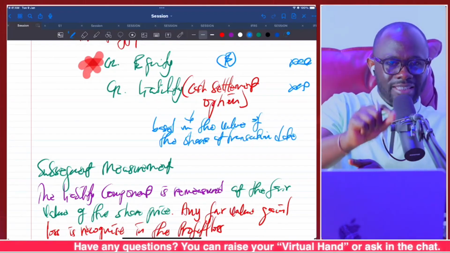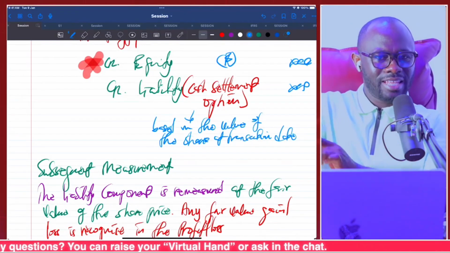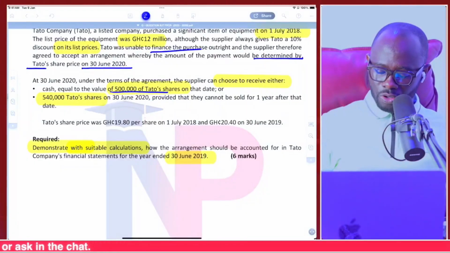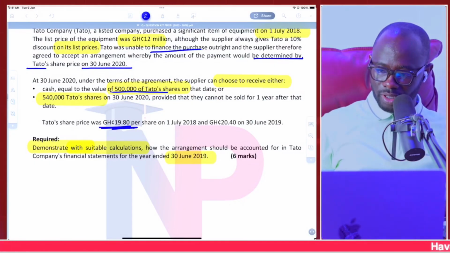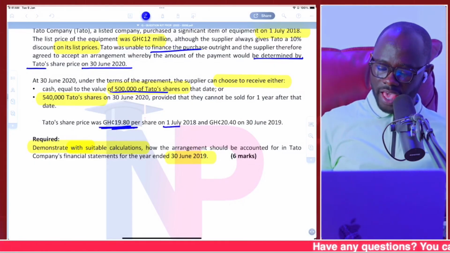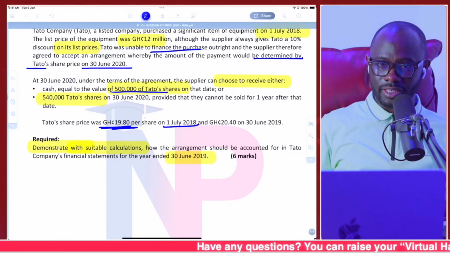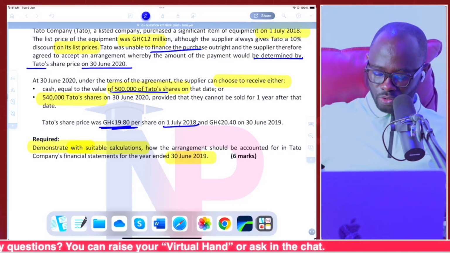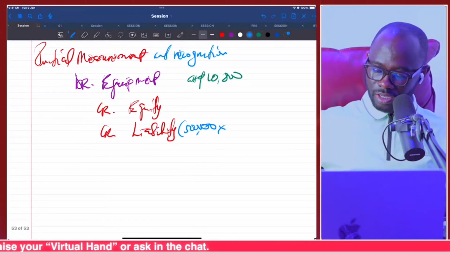The value of the shares at the transaction date. Go back. Tano's share price was 19.8 on 1st July 2018, which is the transaction date. So 19.8. Can I have an answer coming up?